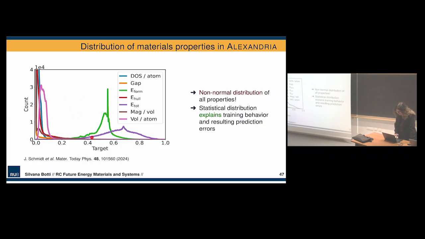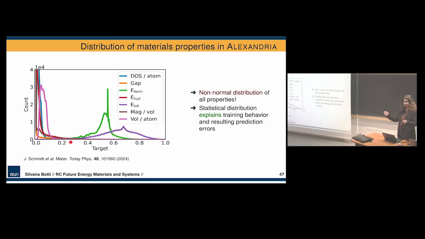You can see, for example, here also the gap. Most of the materials are metals, and then we have a distribution of gaps that decreases. So this also makes it very hard to predict accurate gaps unless you do it on a subset, like considering only semiconductors and then looking at the gaps.